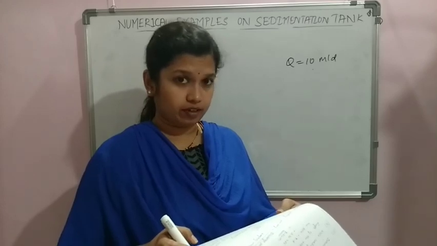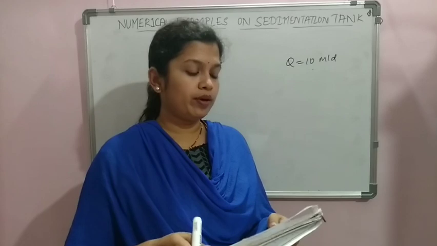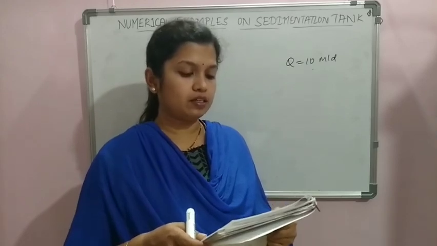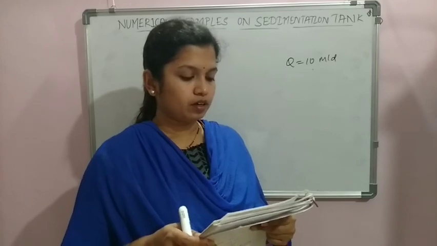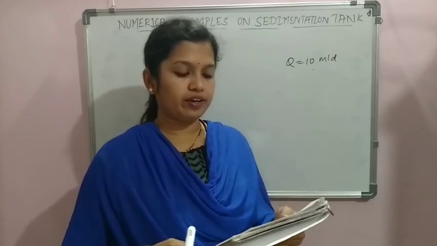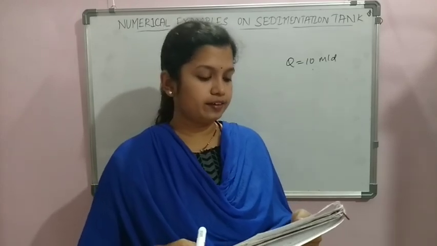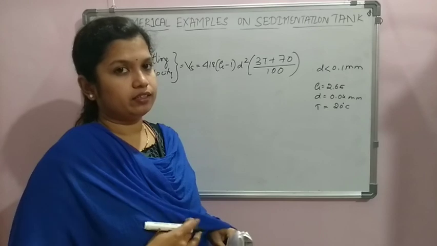Assuming a relative density of 2.65 for the particles and 20 degrees Celsius as the average temperature, compute the basin dimensions. If the depth of the tank is 3.5 meter, calculate the detention time. So in this problem, they have asked you to calculate the detention time.